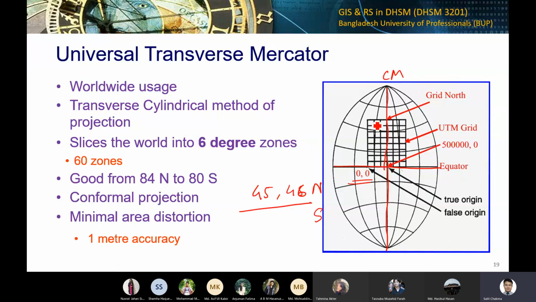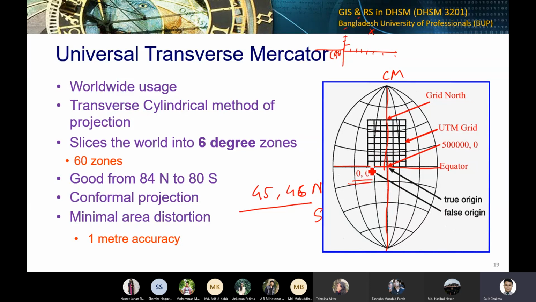But then we have a zone covering this region, and the true origin point is included in that region. Just like in a graph, we have the 0, 0 origin point, and now we can identify 1, 2, 3, 4, 5, 6, and 1, 2, 3, 4, 5, 6. We can identify any point located on this plane. To enable that, in this system, a false origin point is devised.